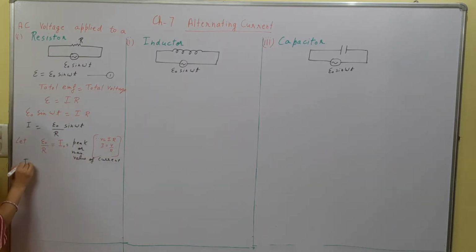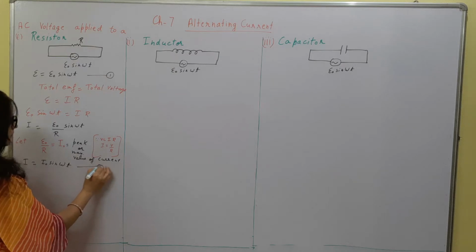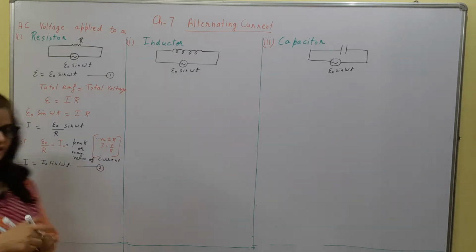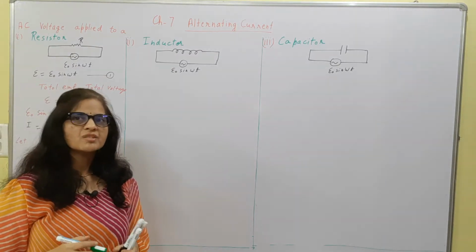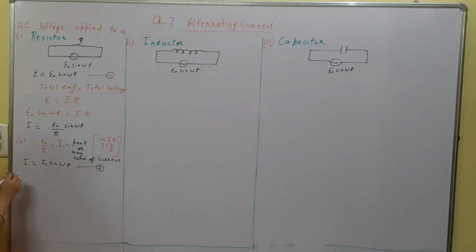Then we can write down I is equal to I naught sin omega t. Now let's compare equation 1 and 2 for the phase relation between current and voltage in this case.